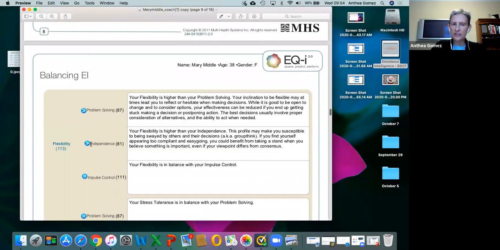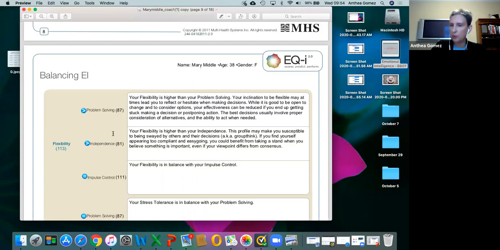So this section here on flexibility will share with you that my flexibility of 113 is higher than my problem solving. So my inclination is to be more flexible, which may at times lead me to reflect or hesitate when making decisions, the problem solving component.